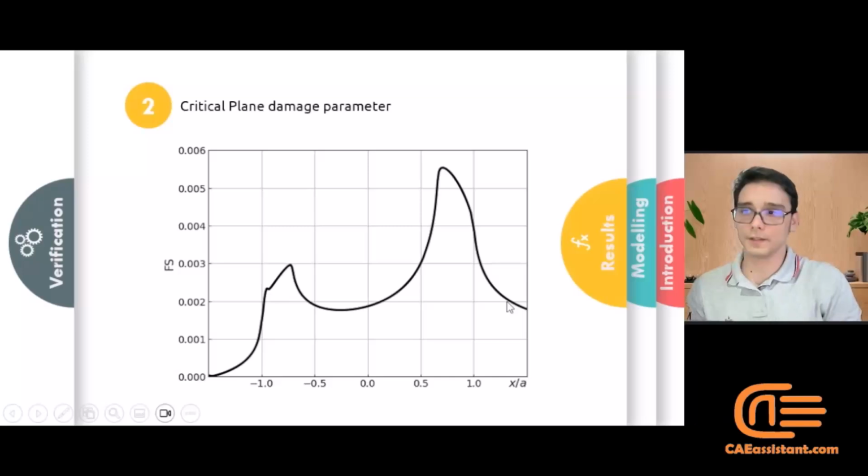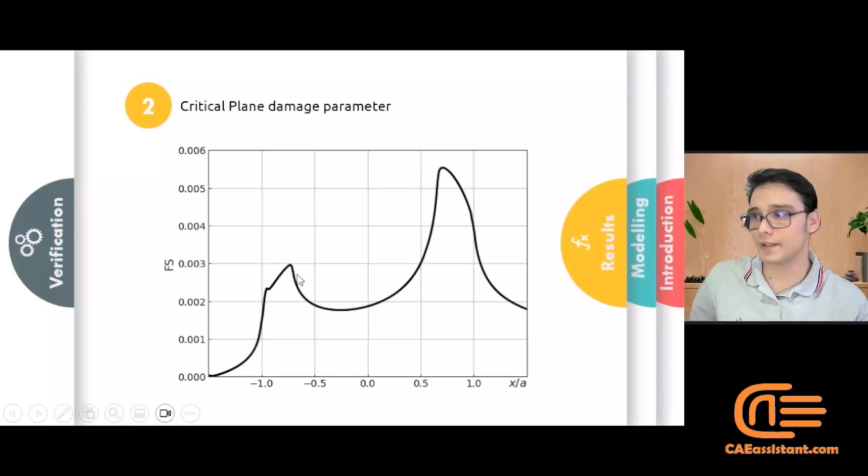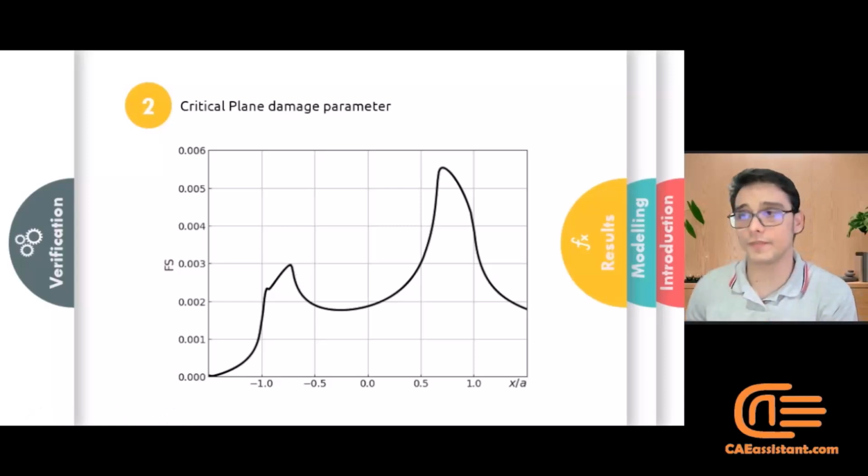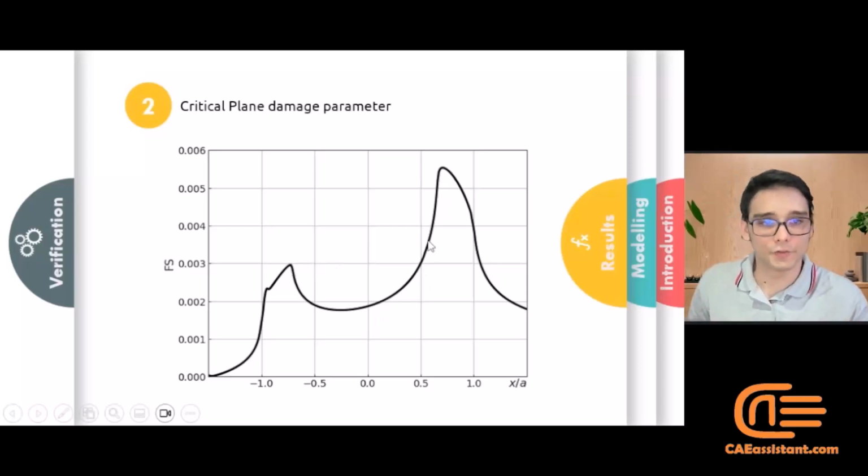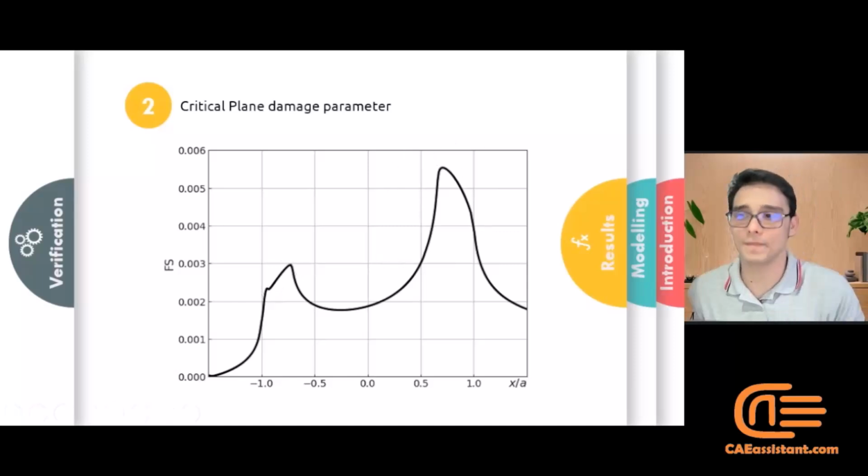It can be enhanced if we used smaller elements, but in this case I decided to use 5 micrometer elements, mostly to make the simulation a little bit faster and for the elements to not be so small. But that's the way you can create, for example, these personalized field outputs.